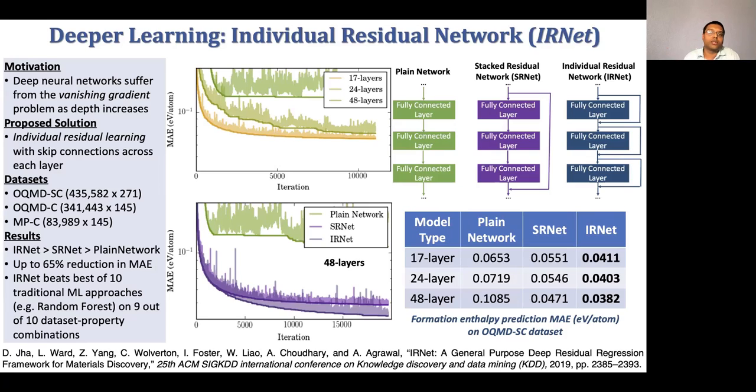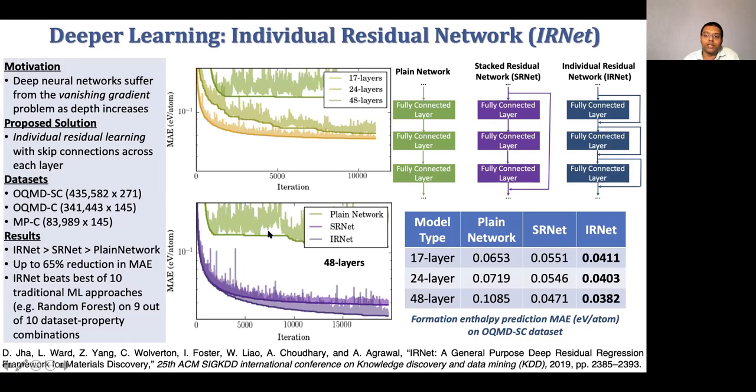And then one of our students adapted it for numerical data, and he came up with this idea of individual residual learning, where he introduced the skip connection after every layer, every fully connected layer, and that helped in significantly enhancing the accuracy. So this top curve here is the 48-layer curve, which is the same as this curve.